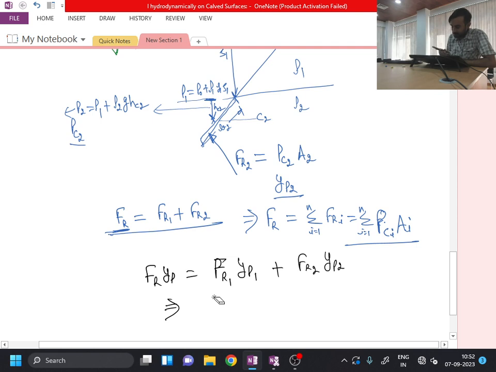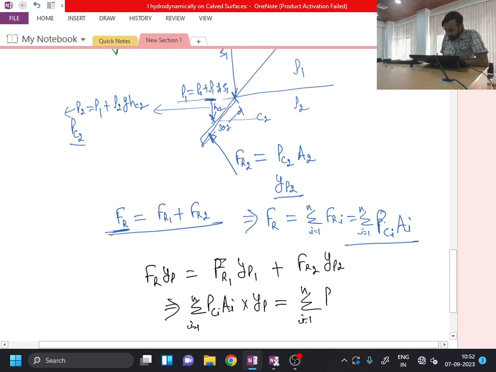Okay, so ultimately for a system of n different liquid layers, I can write that the resultant force, which is nothing but the summation of i varying from 1 to n of PCi into Ai, multiplied by Yp, will be equal to the summation of i varying from 1 to n of Fri into Ypi. So Fri is PCi into Ai, and this also has to be multiplied with Ypi.